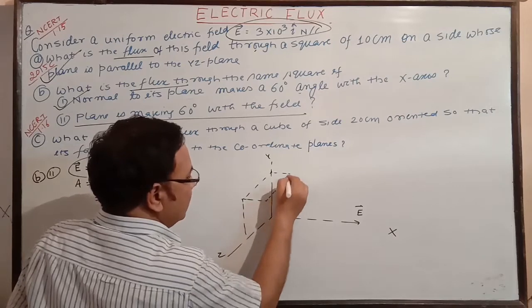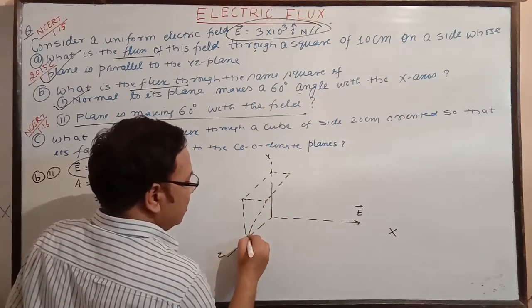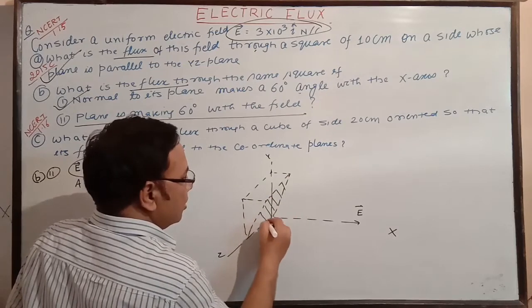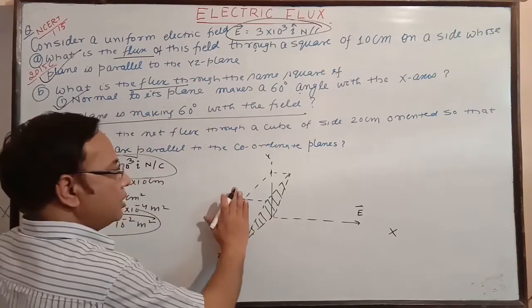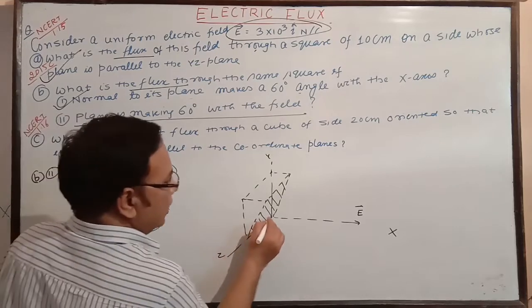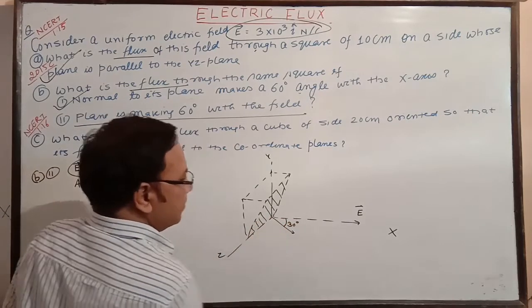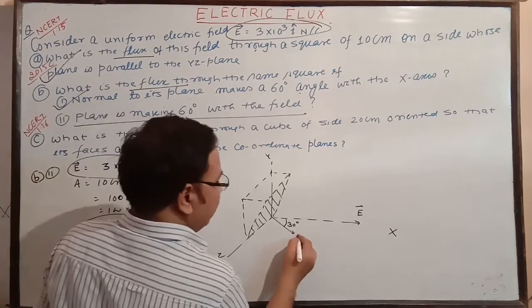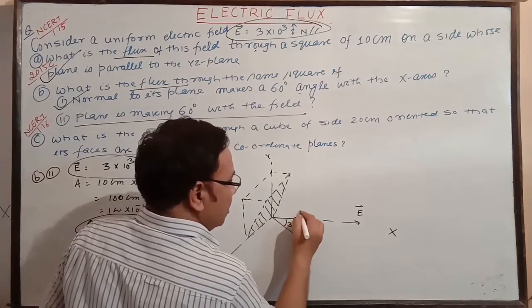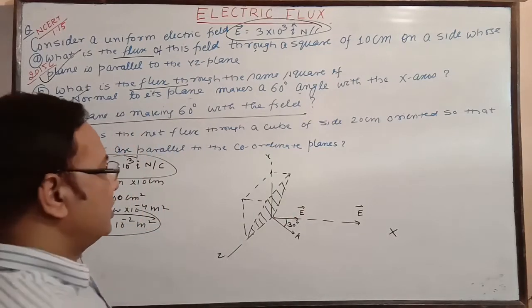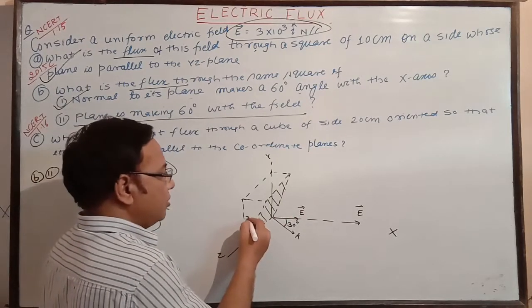Now 60 degree with the field is somewhat like this. So this is the plane. This plane is turned by 30 degree, so the area vector is somewhat like this. It turns by 30 degree. So this is the area vector and this is the electric field vector. So this angle is 30 degree.